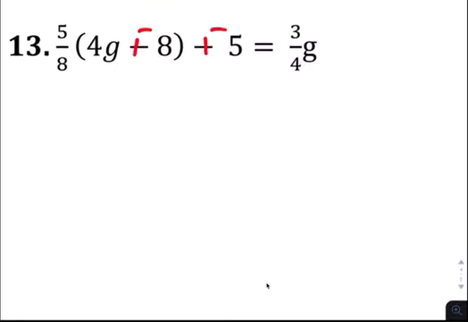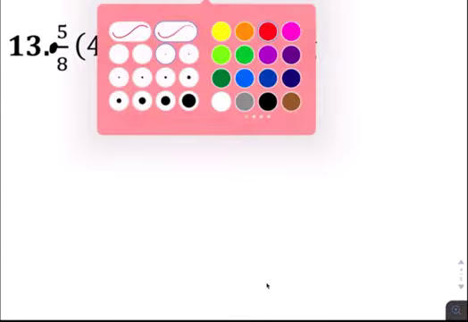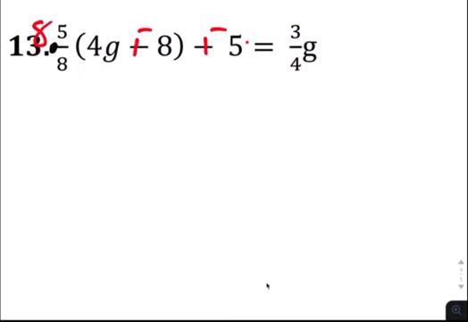Okay, the least common denominator is 8, so multiply it all by 8. Cross cancel.